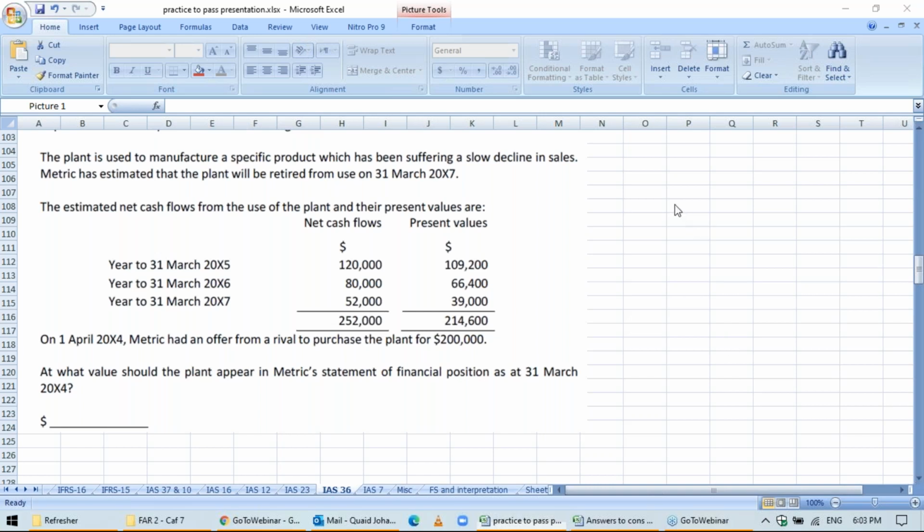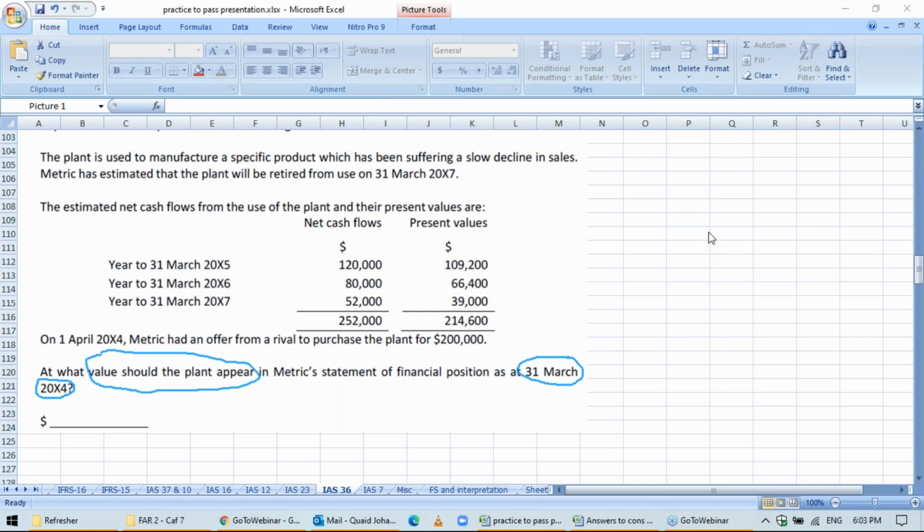It's asking at what value should the plant appear in Matrix's statement of financial position as at 31st March 2004. So let's do a working in order to know this.